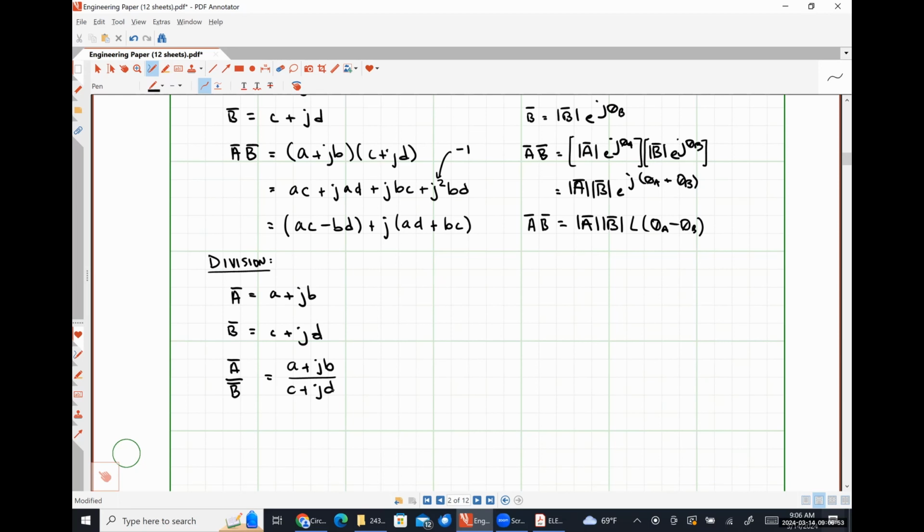So in order to fix that, we are going to multiply this expression by a fancy version of the number 1. I'm going to multiply by B conjugate over B conjugate. Recall that B conjugate means I just change the sign on the imaginary part, so that's going to look like C minus JD.